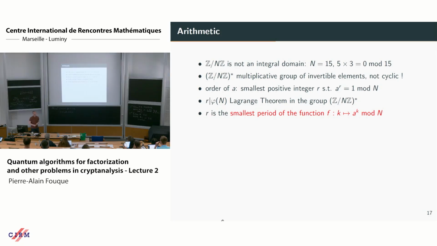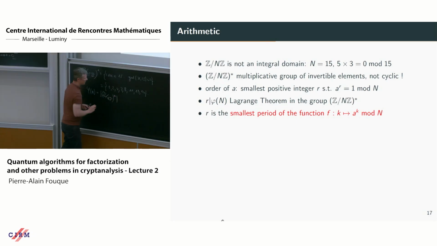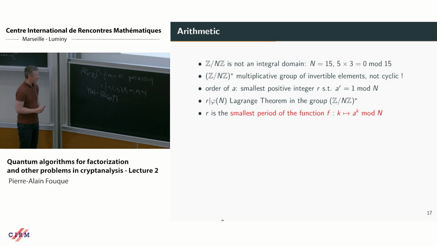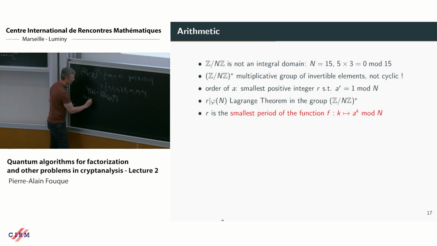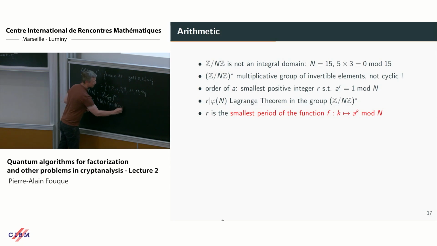The number of elements in this set is a well-known function called the Euler totient function. Usually it's written phi of n, and it's exactly the cardinal of this set. When n can be factorized as p times q, phi of n is very easy: (p minus 1) times (q minus 1).